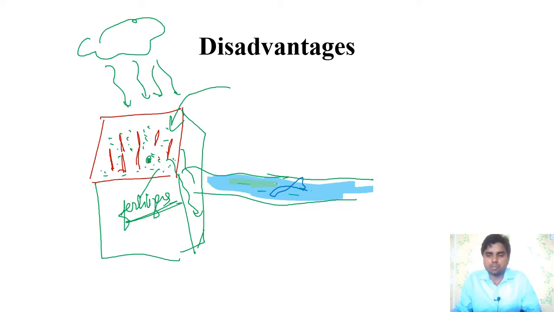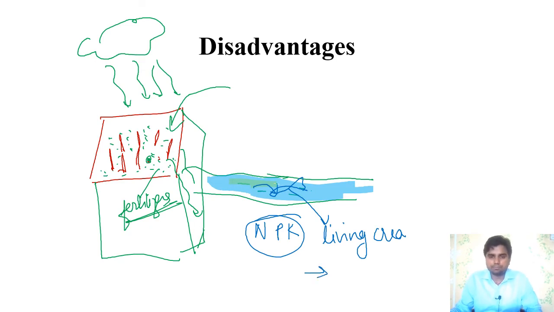These nitrates, phosphate and potassium, NPK, that is nitrogen, phosphorus and potassium, will enter into the body of fish. For sure, these three elements are very harmful for living creatures if taken in excess.